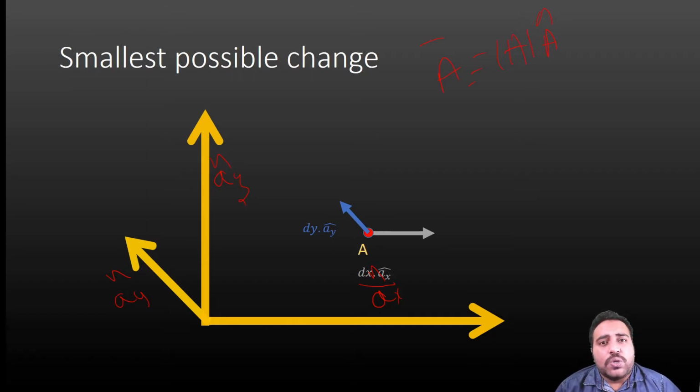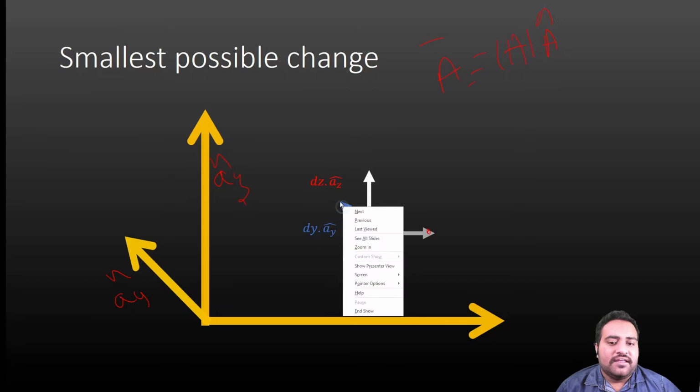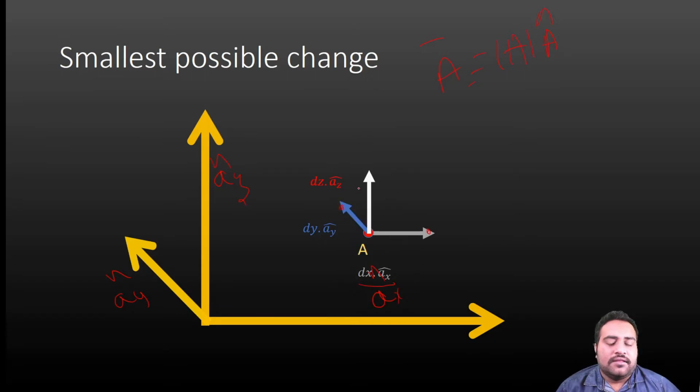If there is change only in z, then I would be moving in az cap direction with a magnitude dz. Now, this is the point I would be reaching if there is change only in x. This is the point I would be reaching if there is change only in y. This is the point I would be reaching if there is change only in z.